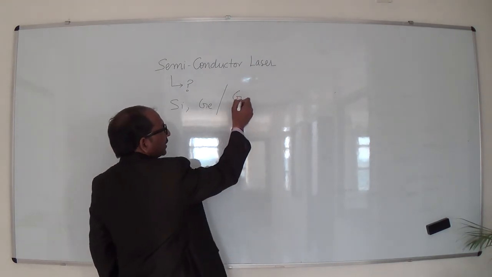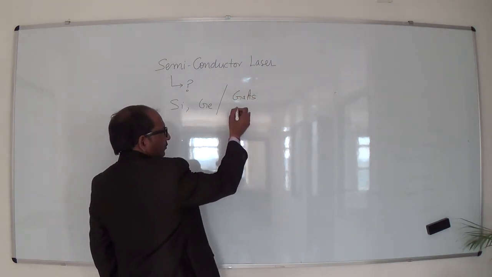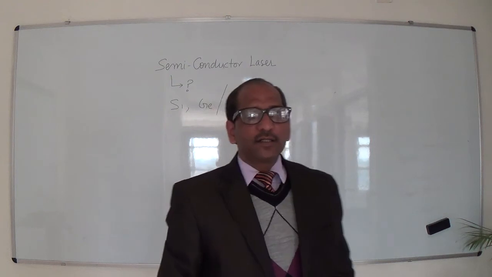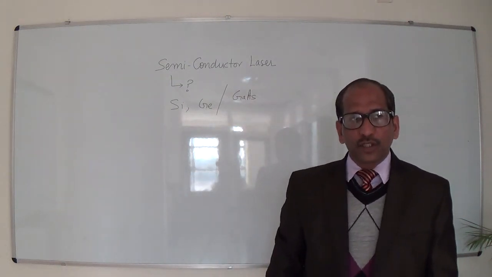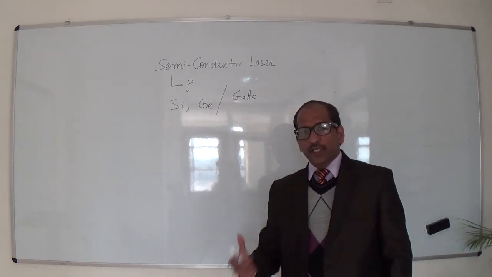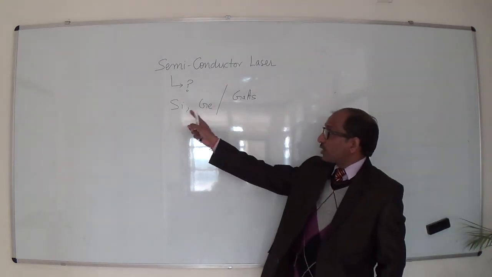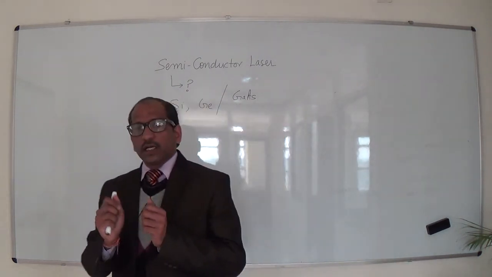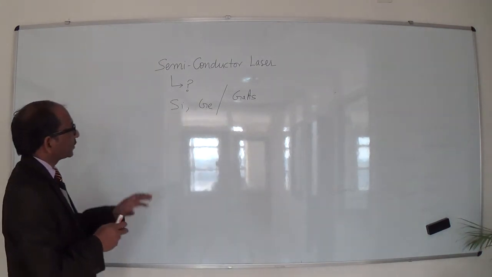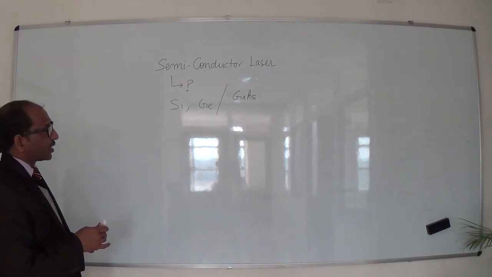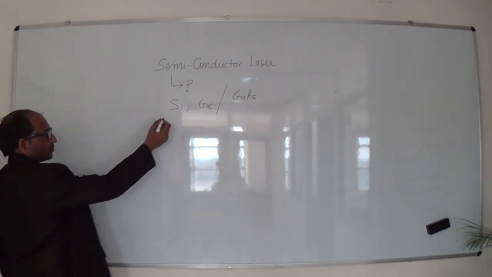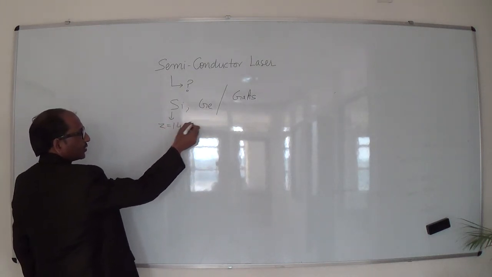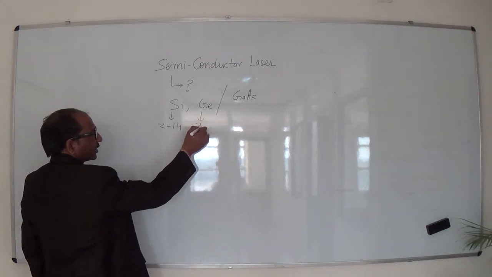So we are using gallium arsenide semiconductor material here because this semiconductor material shows the optical properties, while silicon and germanium show thermal properties when electron and hole recombination take place. The atomic number of silicon is 14, and the atomic number of germanium is 32.